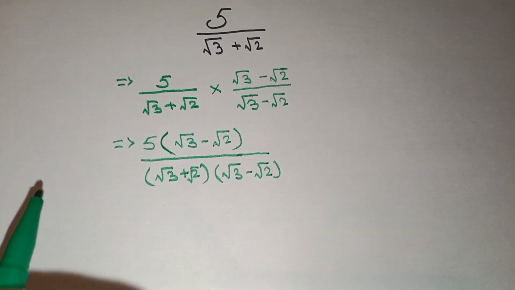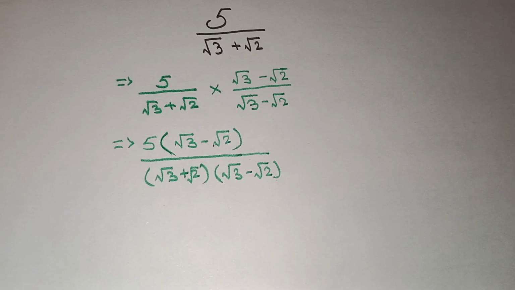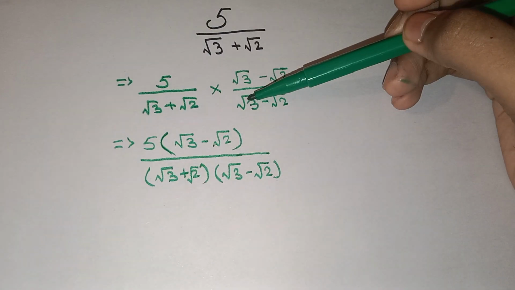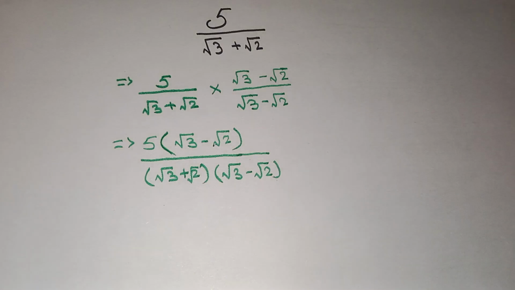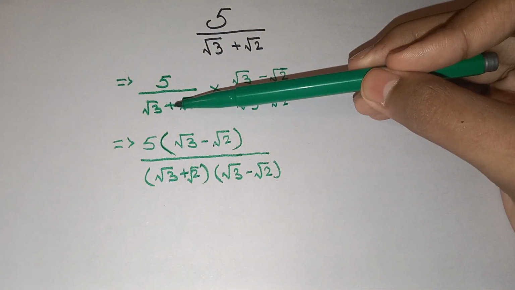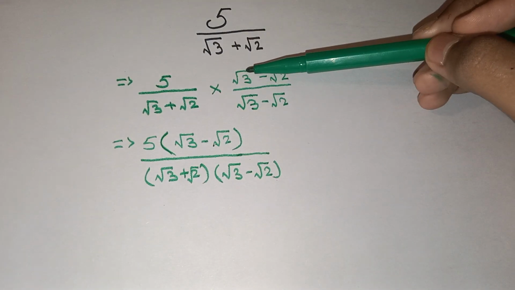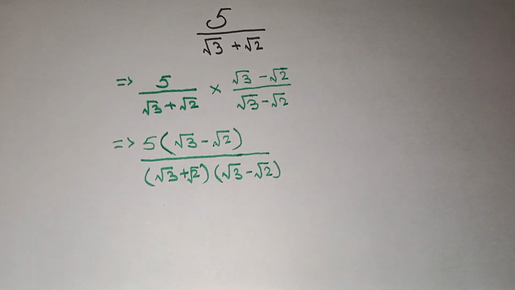The reason I wrote one with a positive sign and one with a negative sign is that we are cross multiplying. 5 will multiply by surd 3 minus surd 2, which I wrote in brackets, and surd 3 plus surd 2 will multiply by surd 3 minus surd 2. The numbers are the same, so the sign doesn't matter.